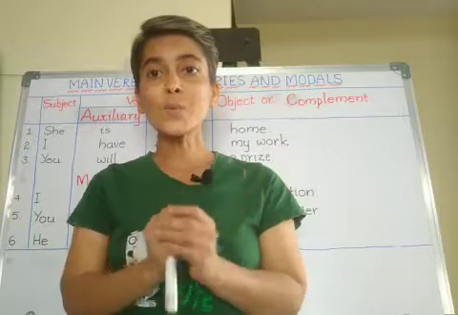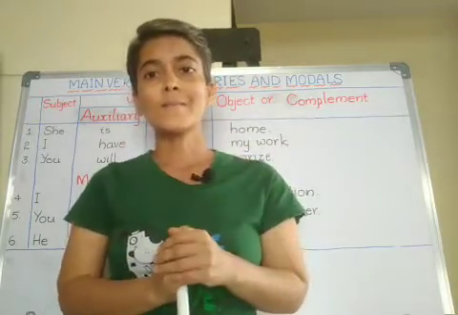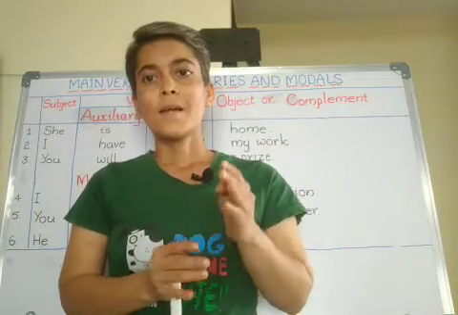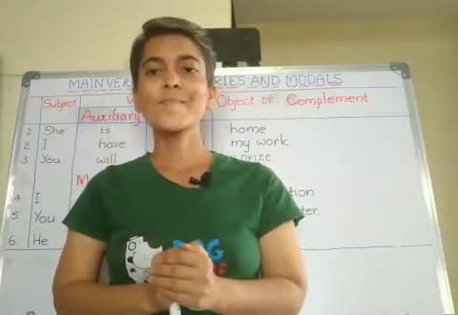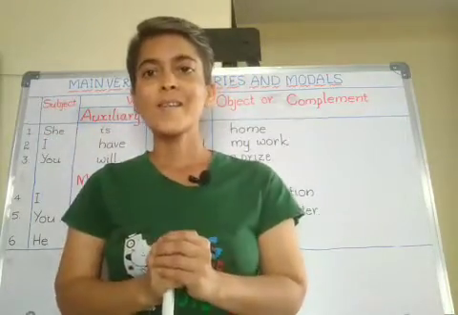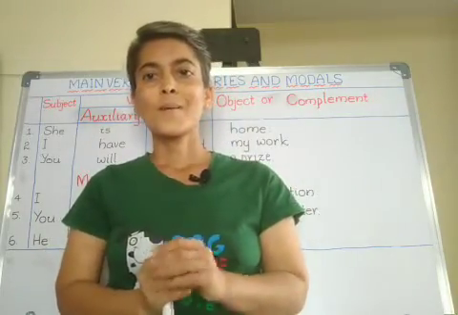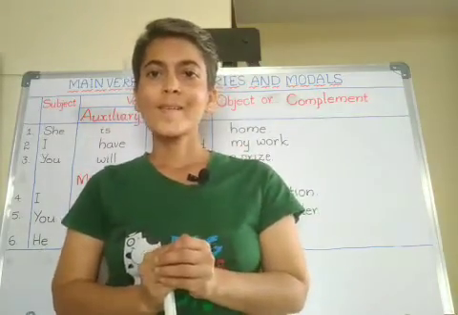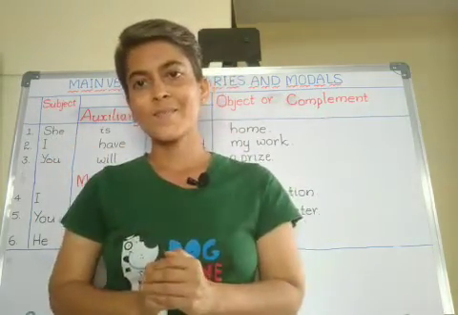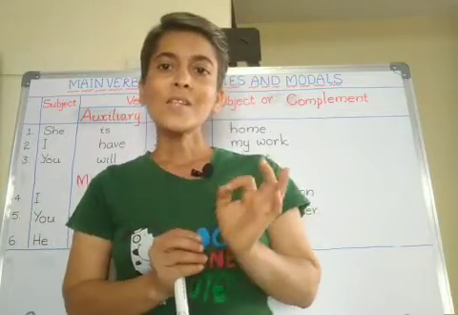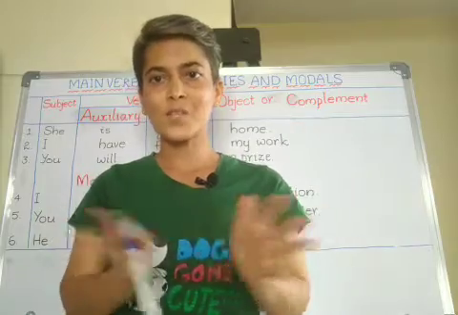Auxiliaries also we use to express ability, permission, possibility and necessity. Modals also we use for ability, possibility, permissions and for necessity. These are some list of auxiliaries and modals together.